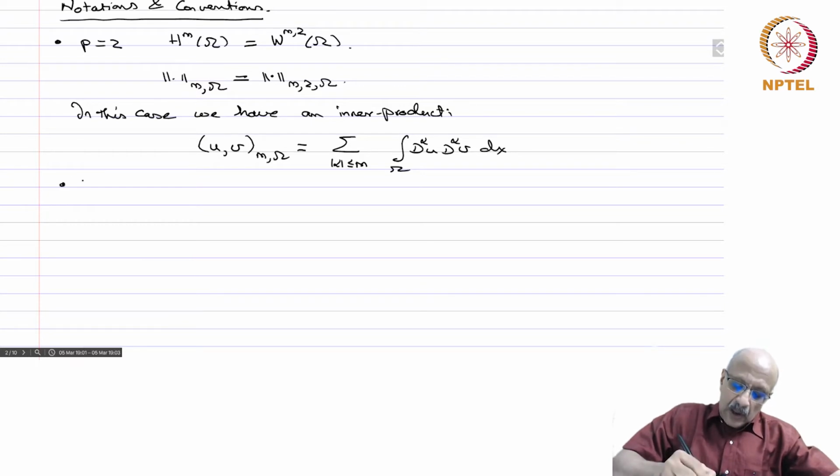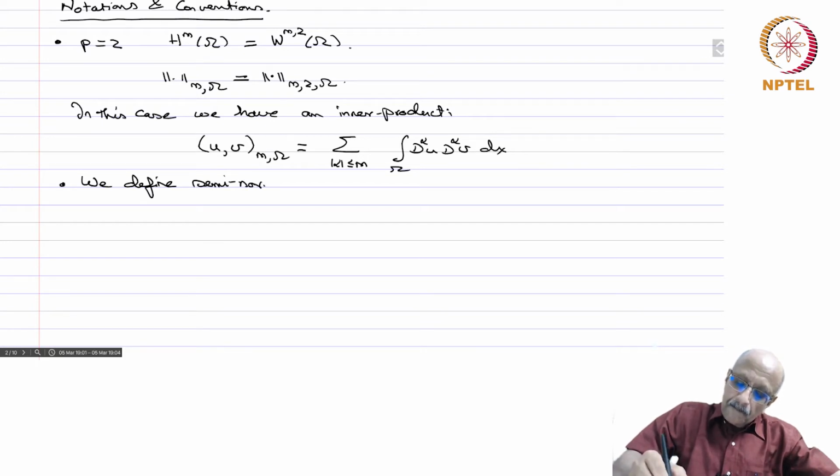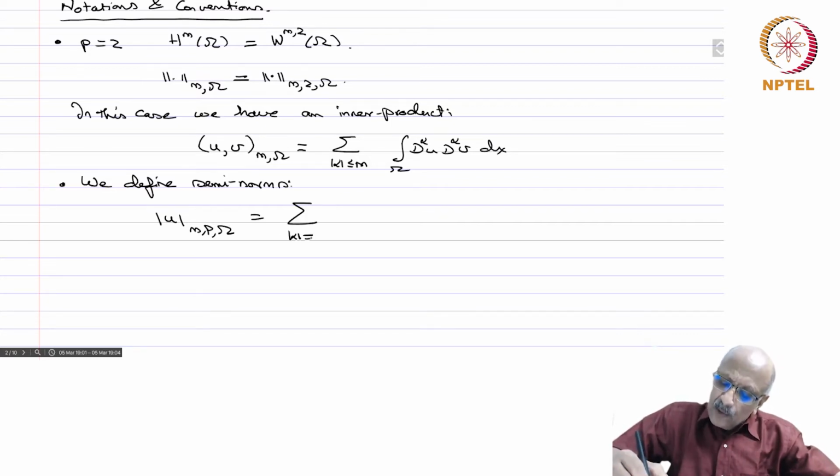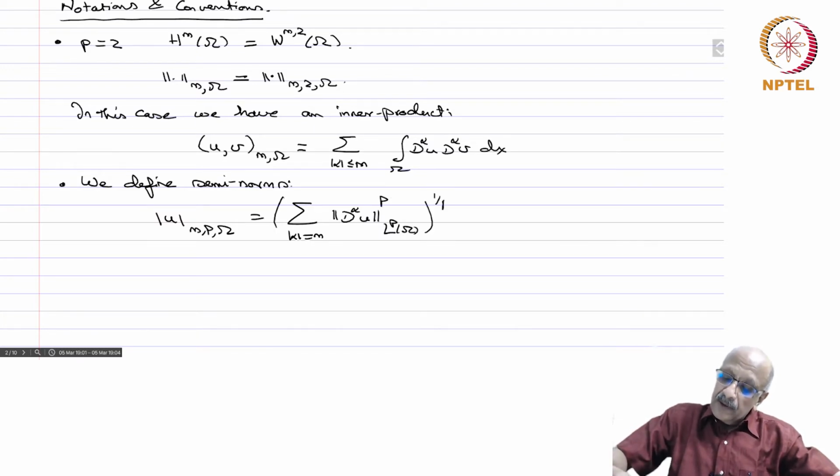Secondly, we define semi-norms. |u|_{m,p,Ω} is equal to just the highest order derivatives, (Σ_{|α|=m} ‖D^α u‖^p_{L^p(Ω)})^{1/p}, if u is in W^{m,p}(Ω).